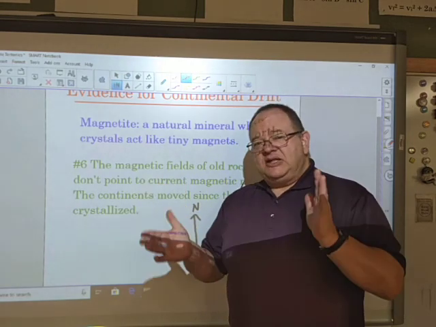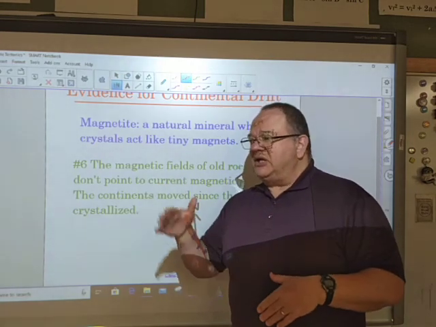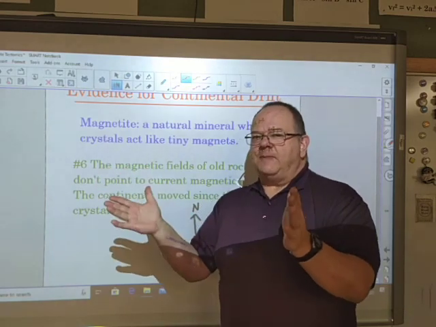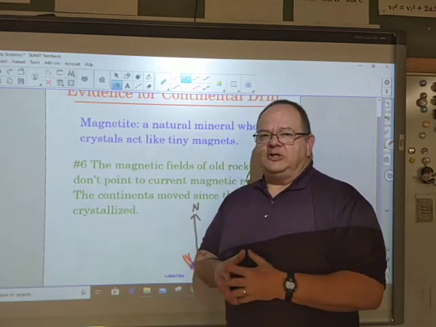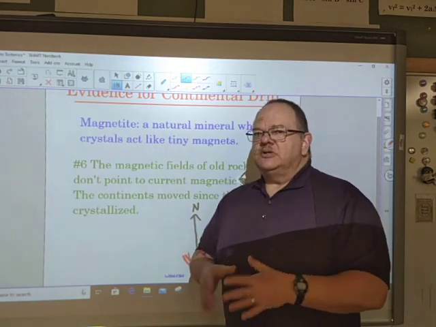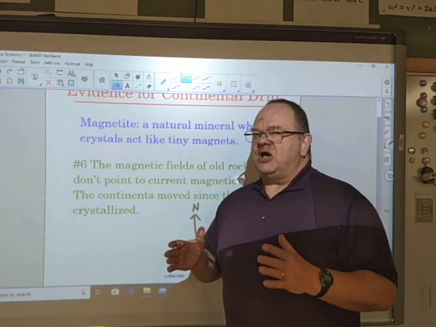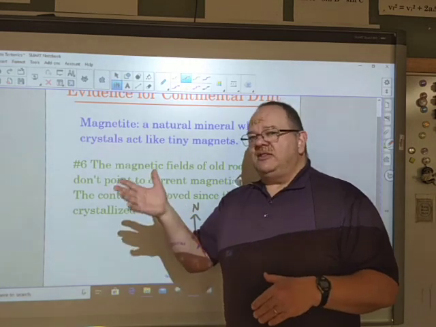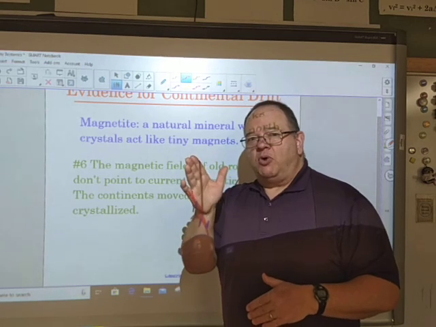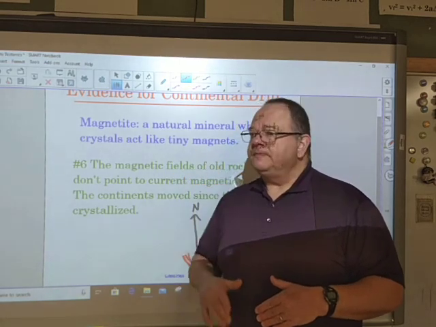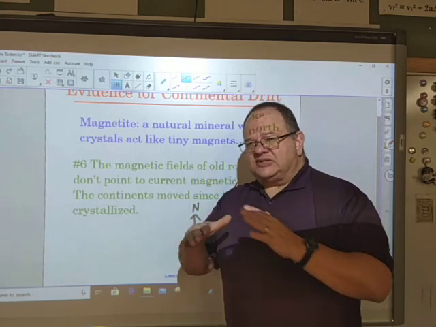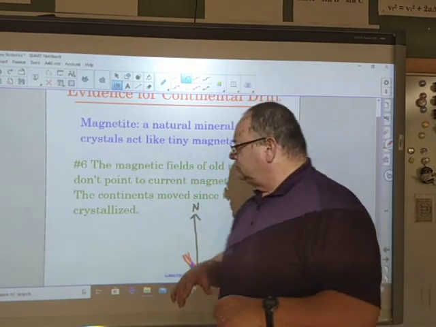And if we look at their magnetic fields now, the way those rocks are pointing, and one's pointing this way and one's pointing this way, we say something happened. Because they both had to have been pointing north when they were formed. So this tells us that the rock itself must have moved. Yeah, the pole might move some too, and we know that today, that the actual magnetic pole of the Earth does move around a bit. But the rocks must have moved.